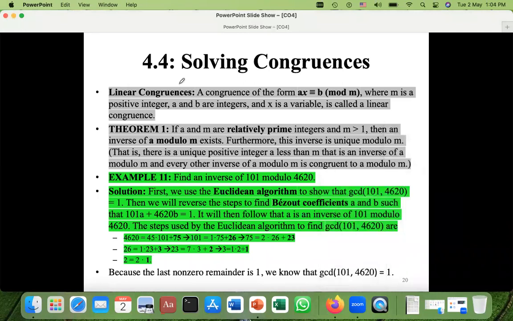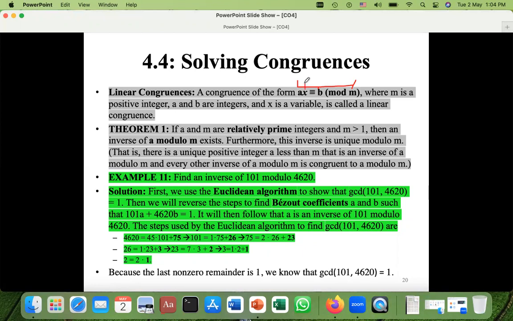Now it's okay. So a linear congruence between two integers a and b would be in this form, where a and b are integers, m is a positive integer as you have before, and x is a variable.